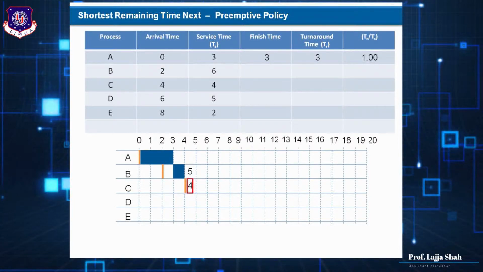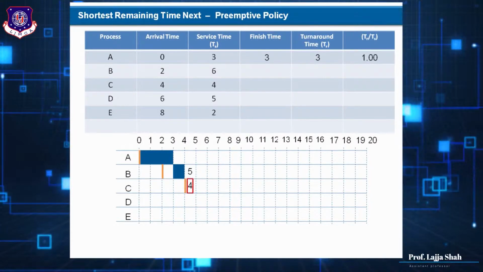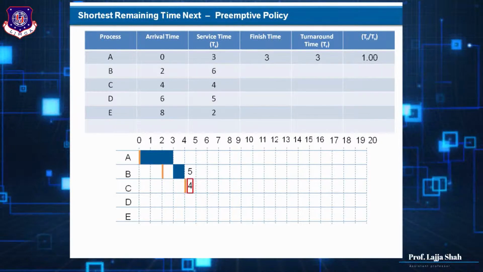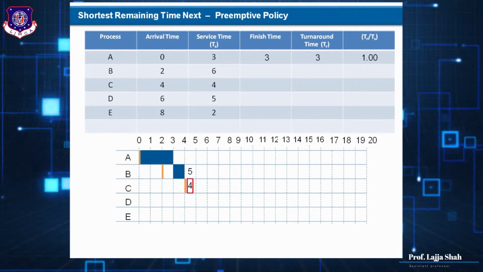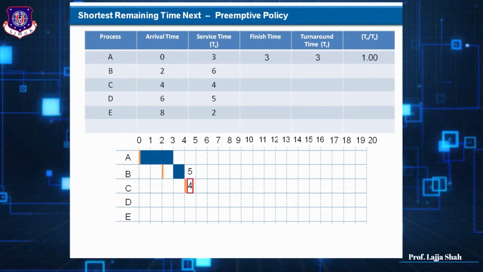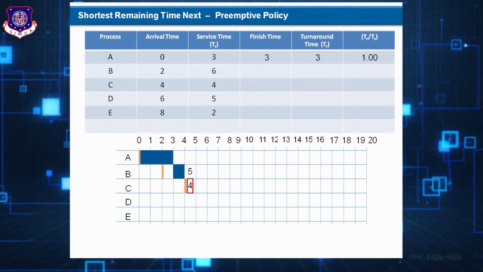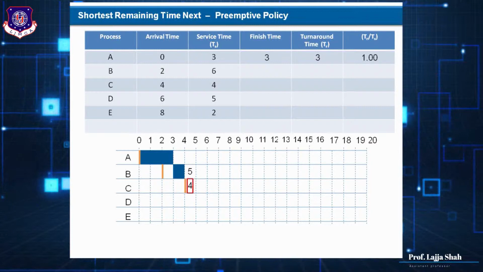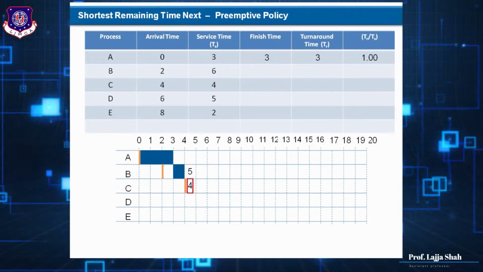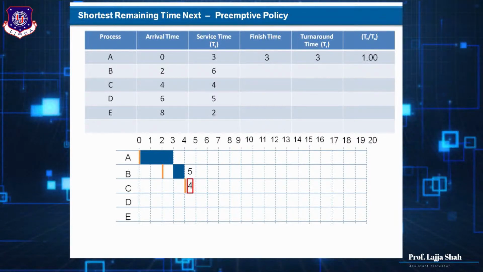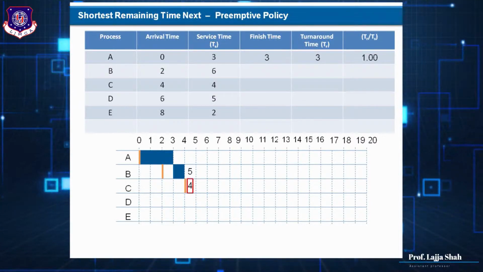So now there are two processes for the operating system to consider. The operating system will check the remaining time of both processes. Process B's total service time is 6 seconds. It has been executed for 1 second already. So process B is left with 5 seconds.